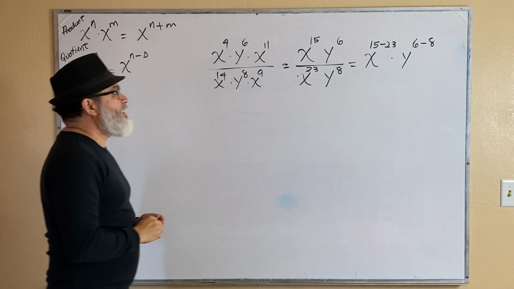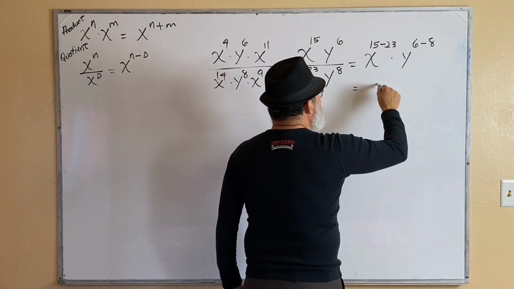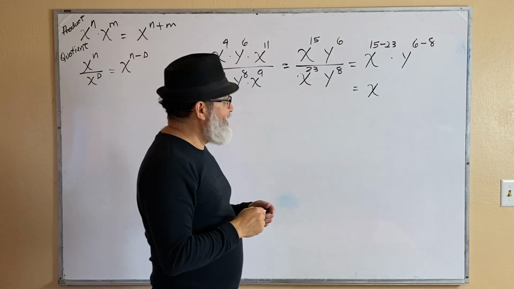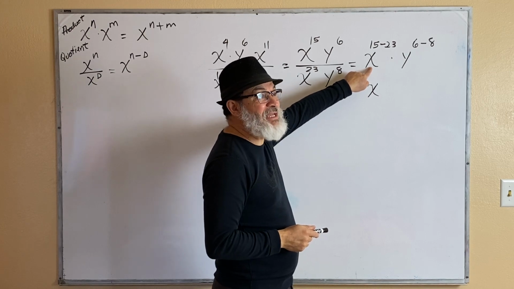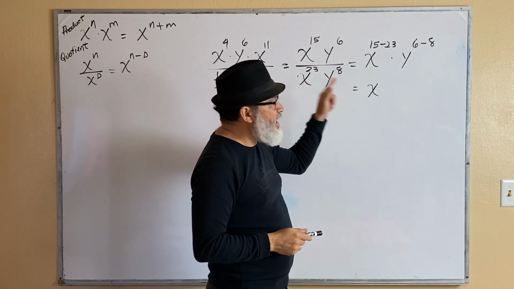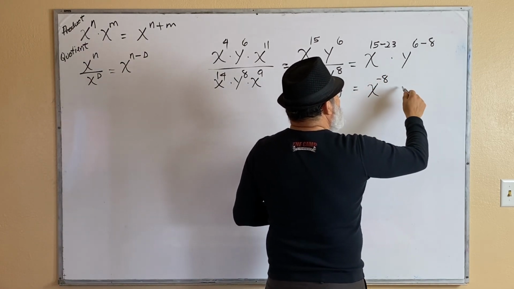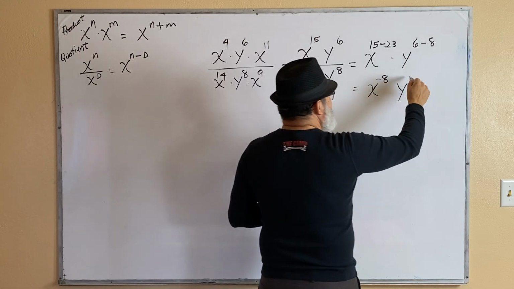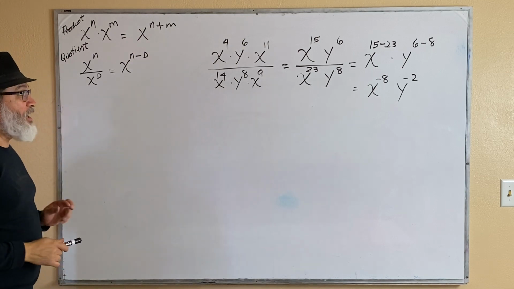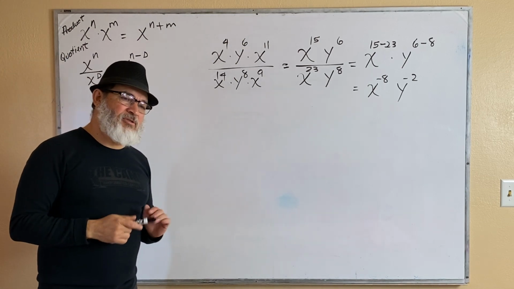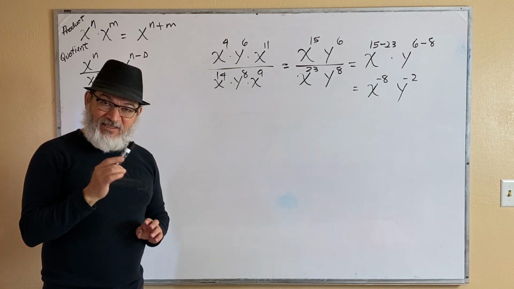And so this equals x to the what? For the exponent of this base x, it was 15 minus 23, negative 8. Y to the what? Negative 2.